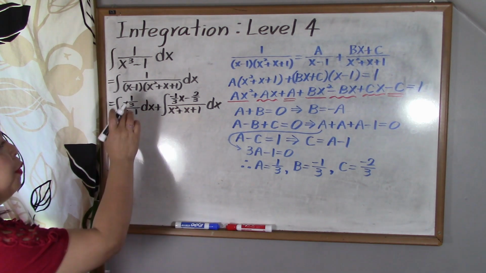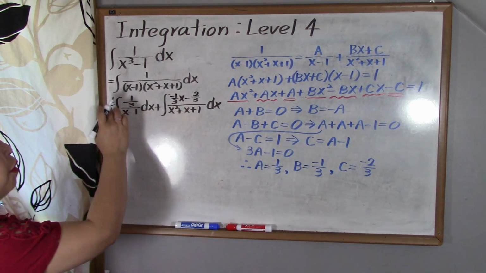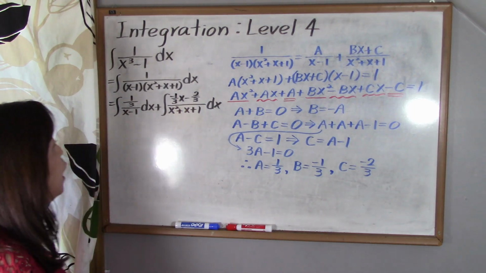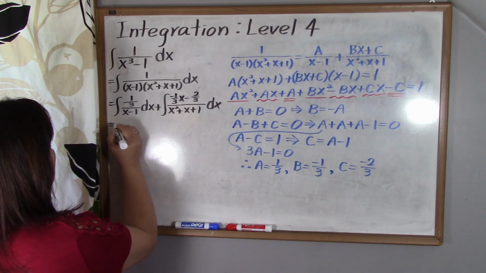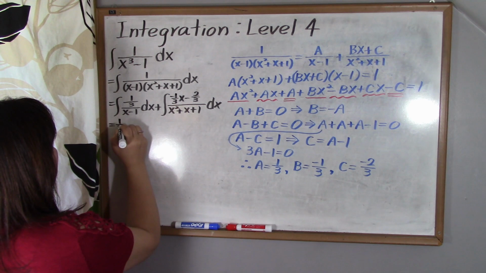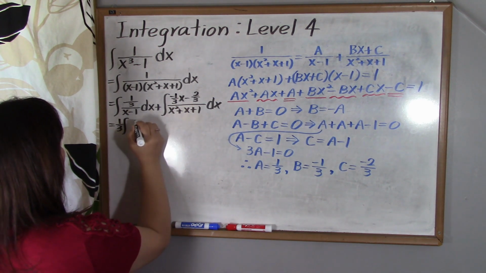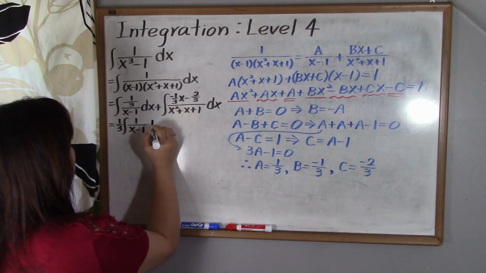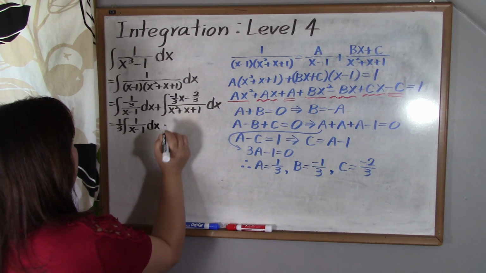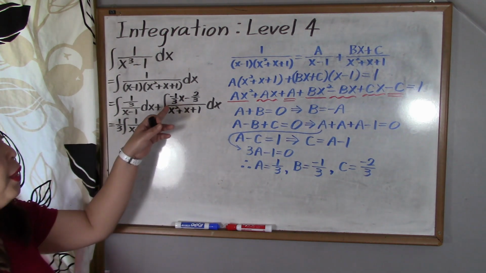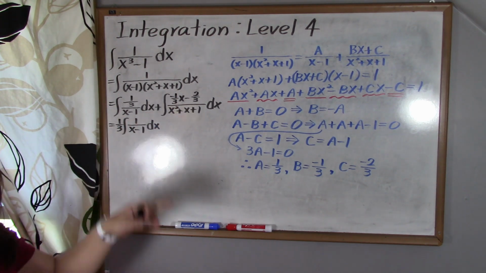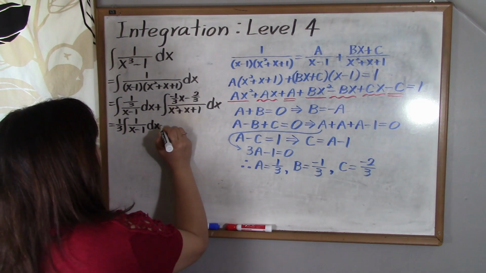So now we're going to organize this a little bit. So we're going to bring 1 over 3 in front of integral because the calculation will be easier. So let's do is equal to 1 over 3 integral of 1 over x minus 1 dx. And then next one, we're going to bring a negative 1 over 3 in front of integral, okay?